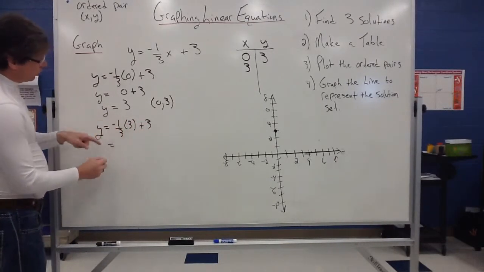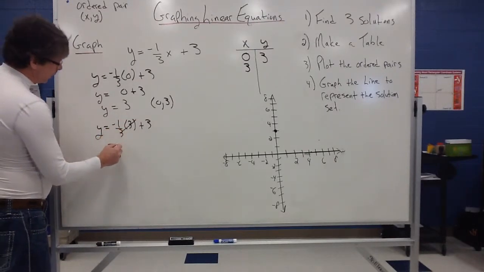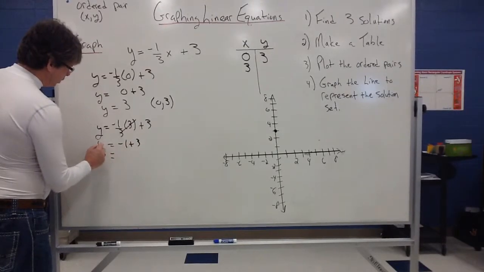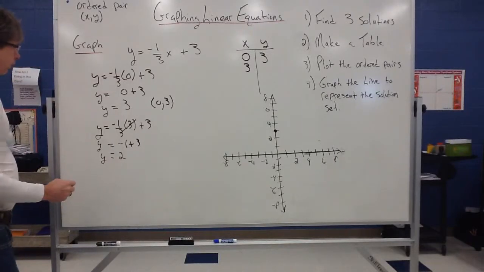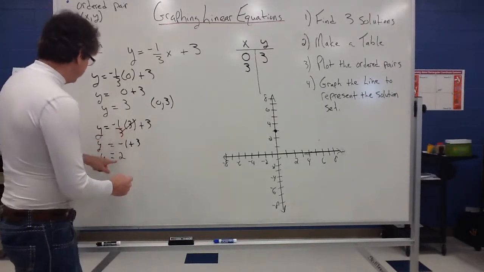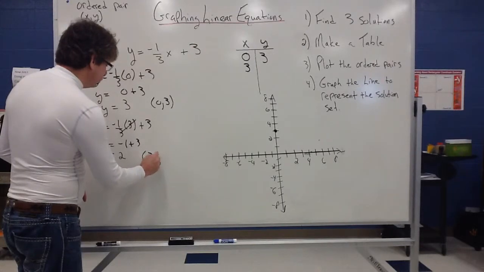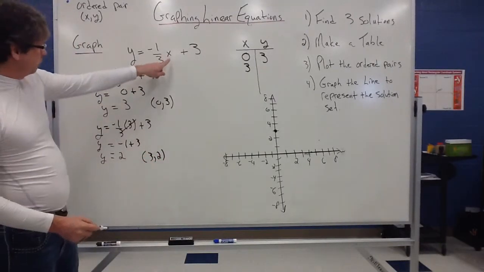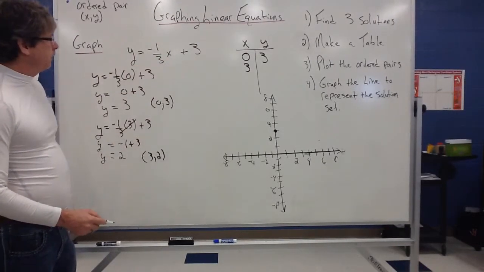This 3 is going to go into 3 one time, so those divide out. I end up with negative 1 plus 3, and therefore y equals 2. So if I pick x to be 3, the corresponding y value is 2. So (3, 2) would be a solution to this equation. If I put 3 in for x and 2 in for y, that should be a true statement.